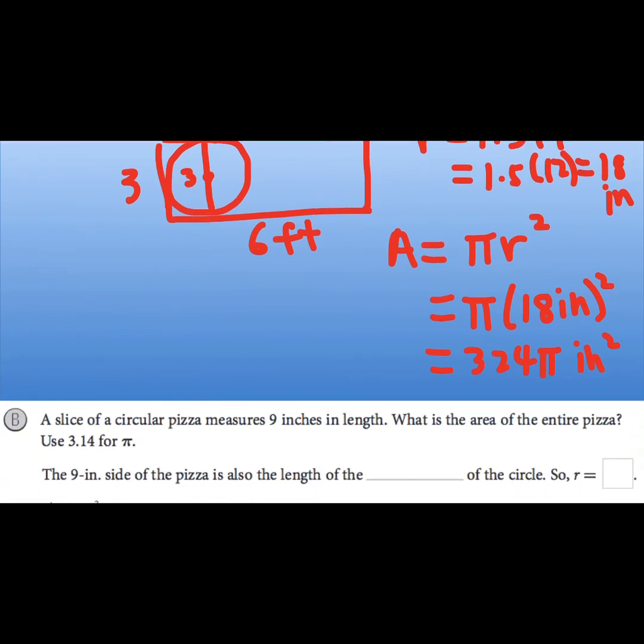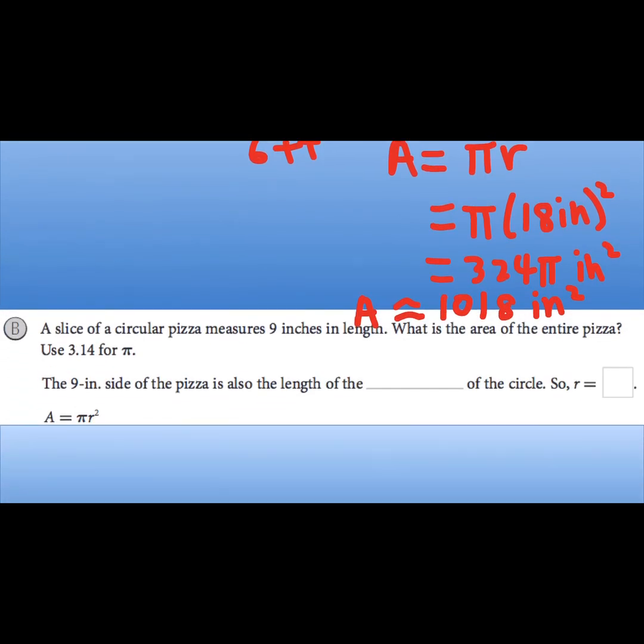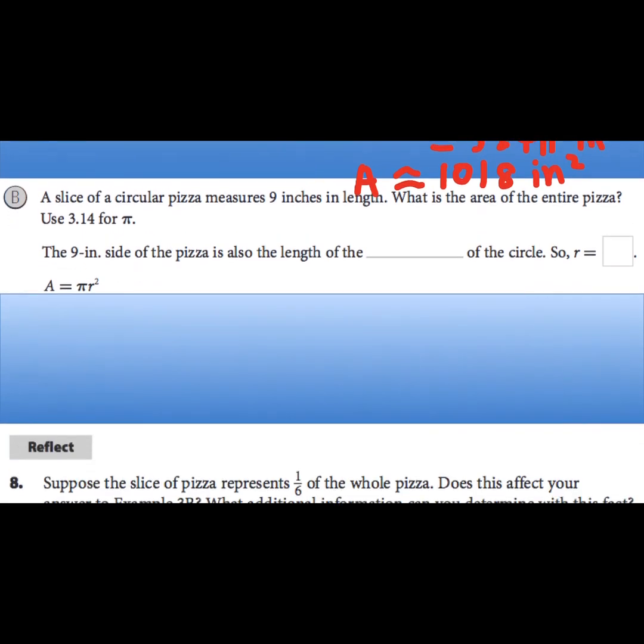But if we were to let pi equal 3.14, we multiply that by 324, we will have the area of the circle, which will be about 1017.9, or about 1018 square inches, and that will be the area of the biggest circle that you can cut out of this piece of cloth. And that's the end of the problem.